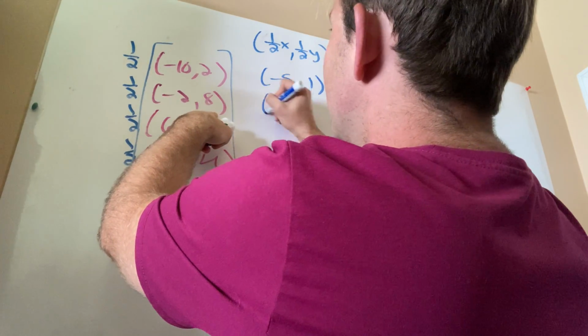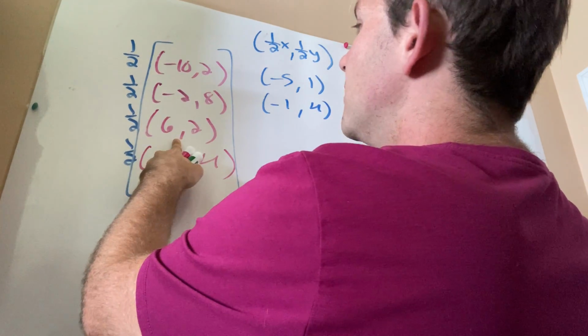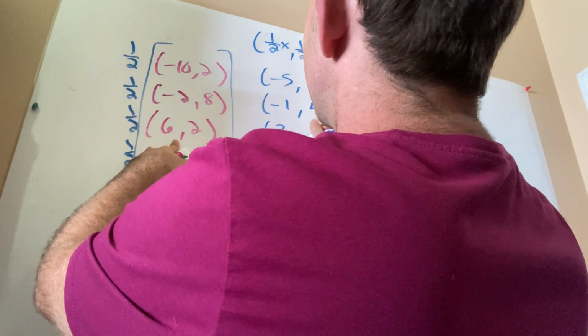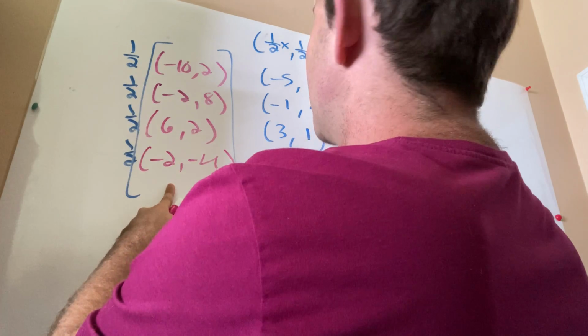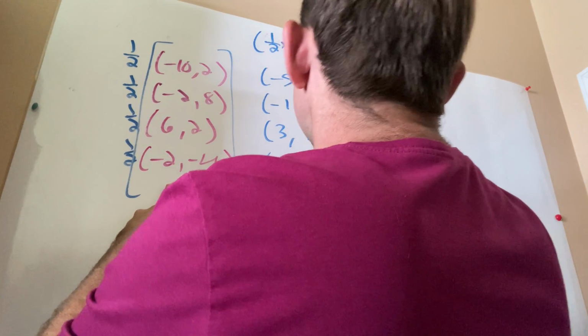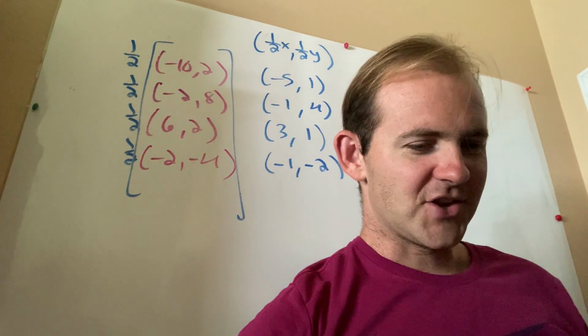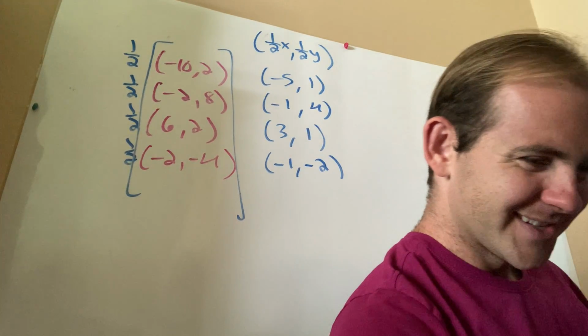Then -1, 4. Then 3, 1. And finally -1, -2. Bam! Can you believe how easy this is?